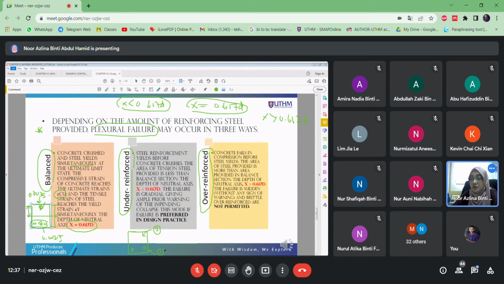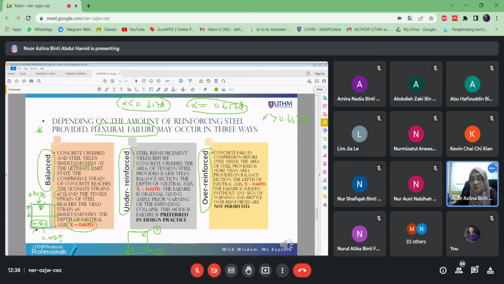That means the steel achieves its strength limit first, which is 0.00217, and after that followed by the crushing of the concrete, followed by the failure of the concrete. You can imagine how the reinforcement that you provide affects this.